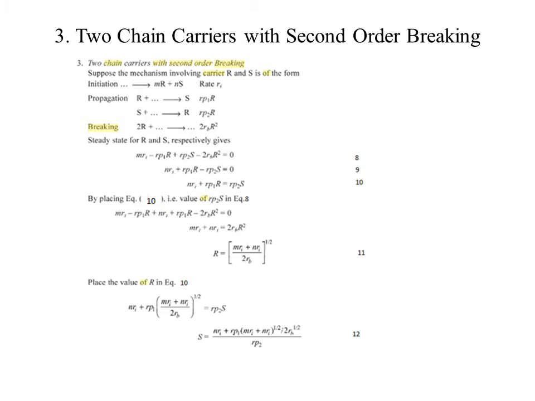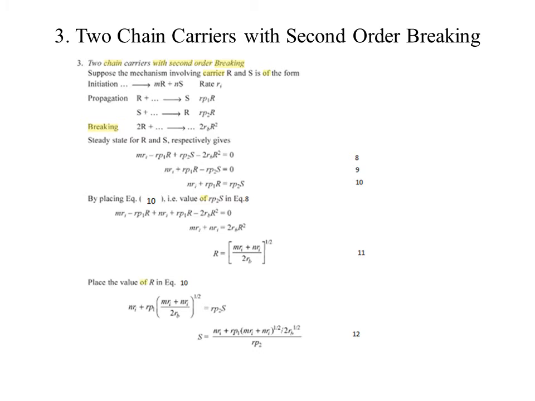Propagation: R will react with the molecule to form S radical with the rate constant Rp1R. S will combine with another molecule to form R, and Rp2S is the rate. Breaking: 2R will break down into R2 with rate 2Rb R square.